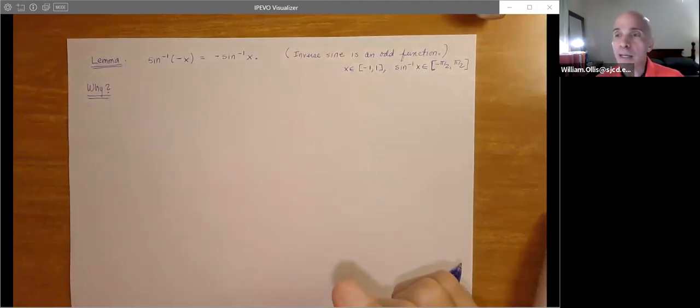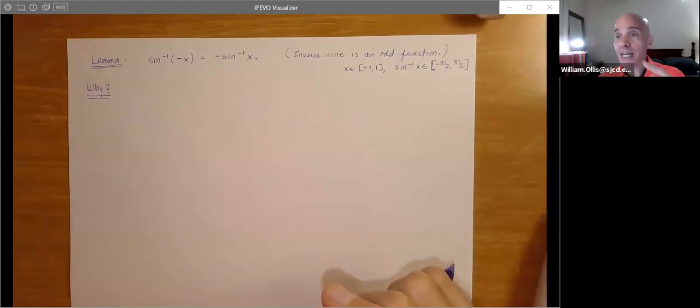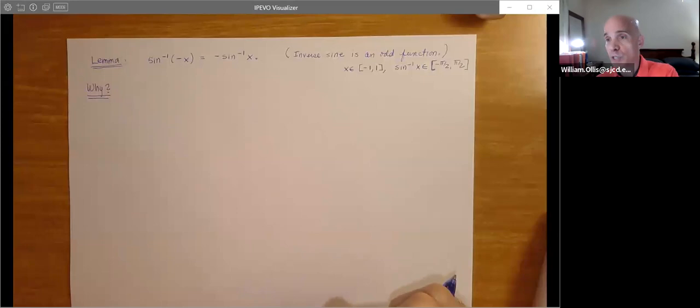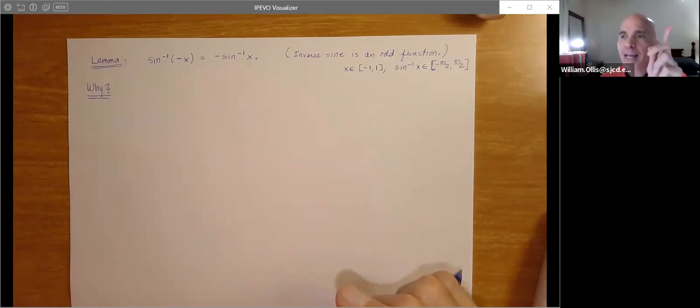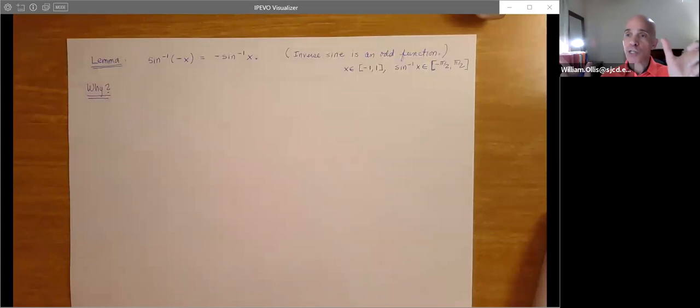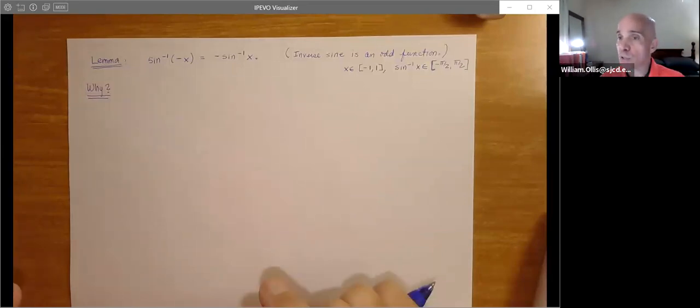Now, I will make a comment here. When we define the inverse function, that takes us back to the inverse, which is just the regular sine function. So you're thinking, we're probably going to have to use the fact that the sine function is odd, okay? Because it's just like going between a base A logarithm and the base A exponential. We have to respect how we go in between and how one is equivalent to the other.